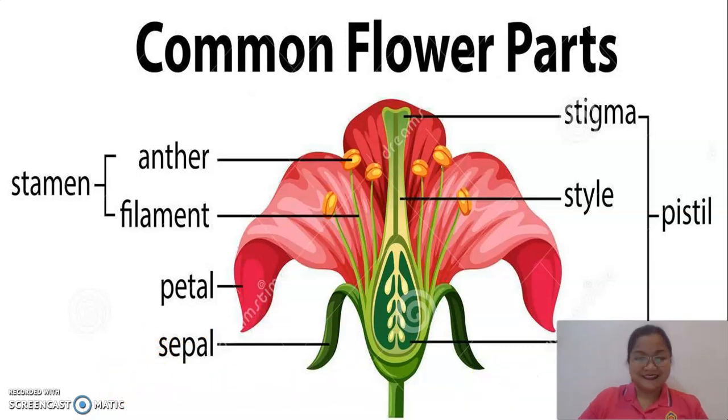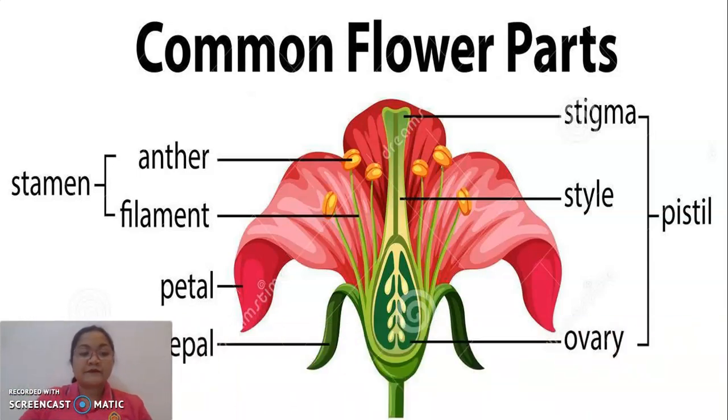Number five, ovary. Next, style. And last, stigma. Very good.